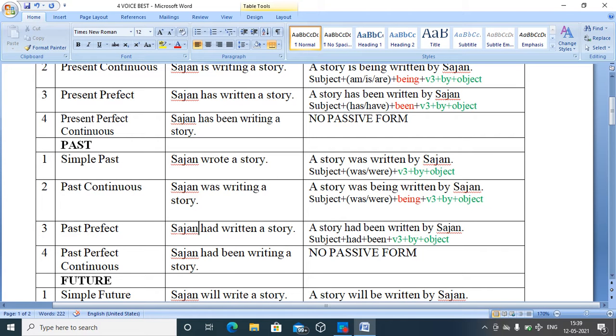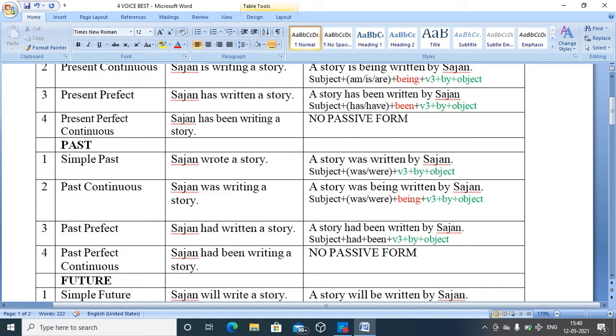Sajan had, because any subject may take had, as it's the one and only helping verb available for this tense. And obviously, as it is a perfect tense, you get the V3 form there itself. So in the passive voice transformation, the task is simplified because one necessary part is already available. If you get writing or the V2 form, we have to search for the V3 form. But here the task is comparatively simple.